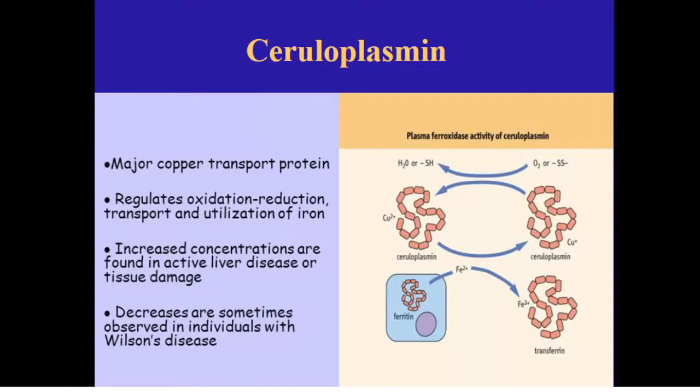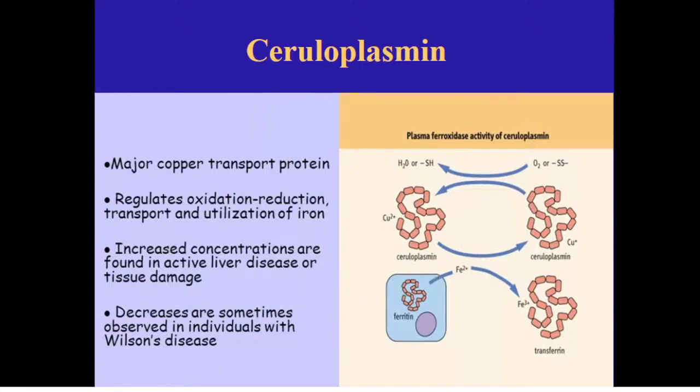One more enzyme in our blood is ceruloplasmin. This is a ferroxidase, which can interact with oxygen and helps in transport of iron.